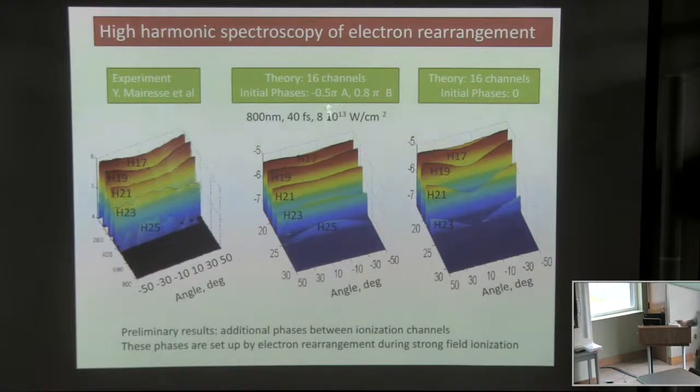So we look at harmonics produced for CO2. The intensity of the IR field is relatively low. I think it uses a 40-femtosecond pulse, and this was done in the group of Jan Mares at CELIA in Bordeaux.